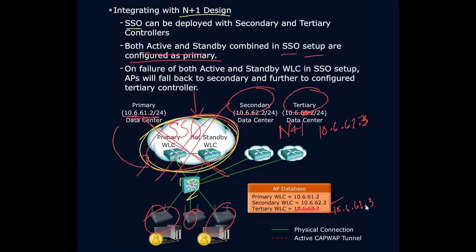All right, so in this case, we have the best of both worlds. We have a dynamic process for the two main wireless LAN controllers that the clients and the APs themselves see as one single controller. We have a primary and hot standby.